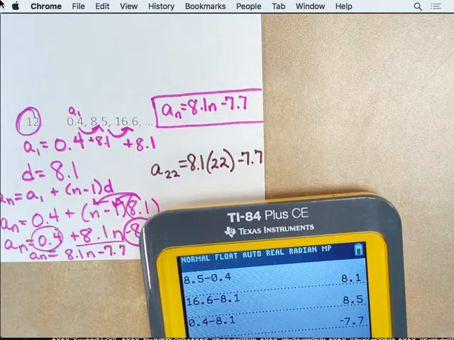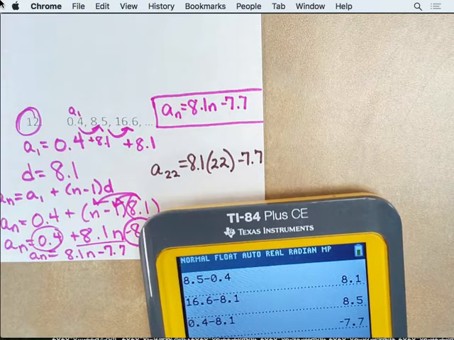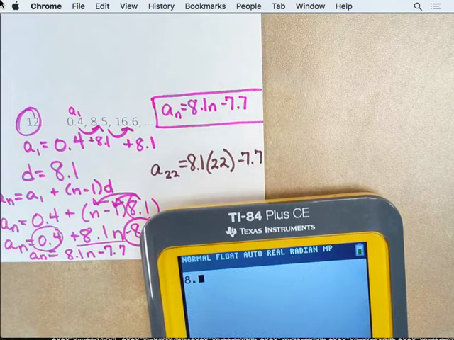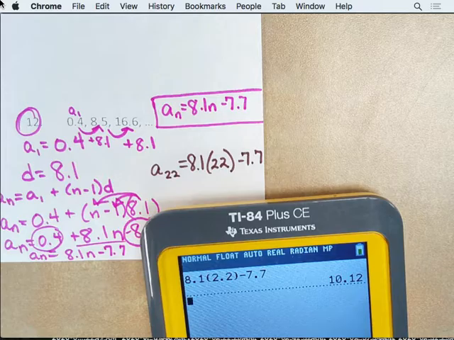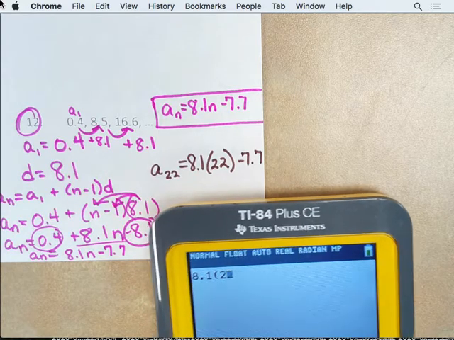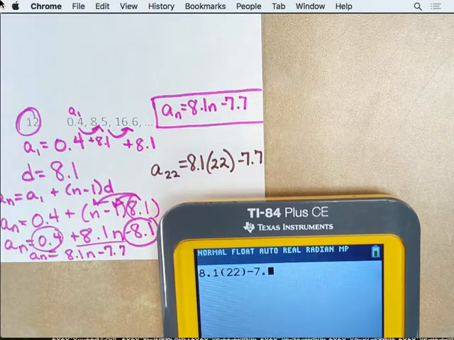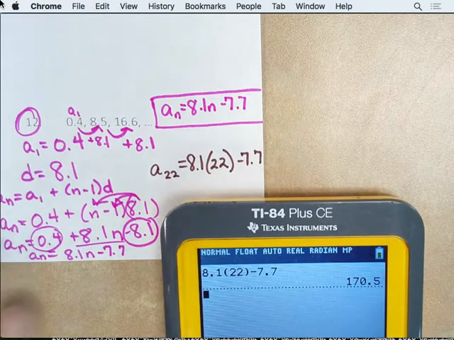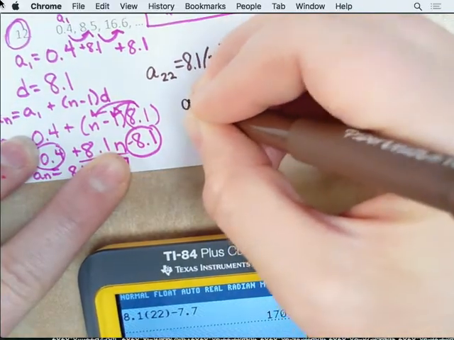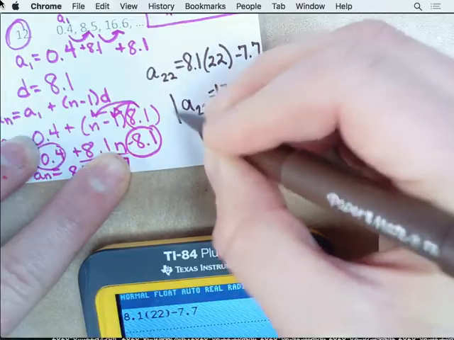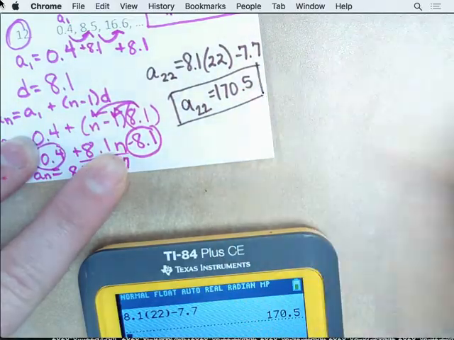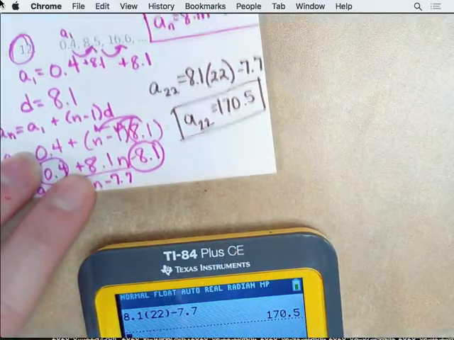To get the 22nd term. 8.1 times 2.2 minus 7.7. Not 2.2. Whoops. 170.5. So our 22nd term, which is called A22, equals 170.5. So we'll have two answers on each of these on 7 through 12.